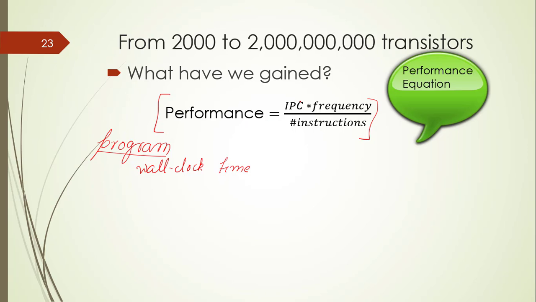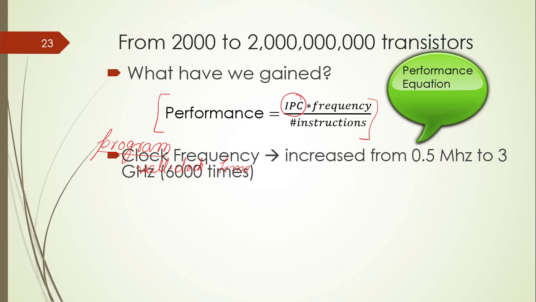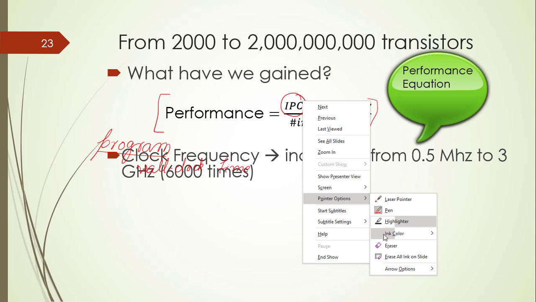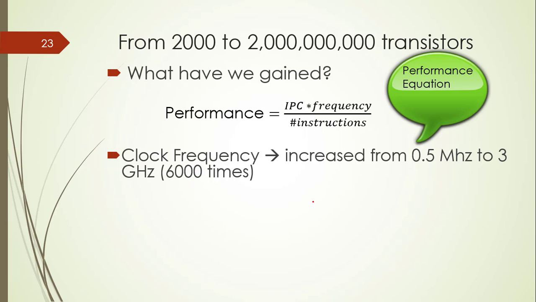If I were to break it down, I can of course break it into three very important components. Let me just erase the ink on this slide, otherwise you can't see. So the clock frequency. For anybody who has taken an electronics course, they would realize that a clock is the most important element in a digital electronic system.